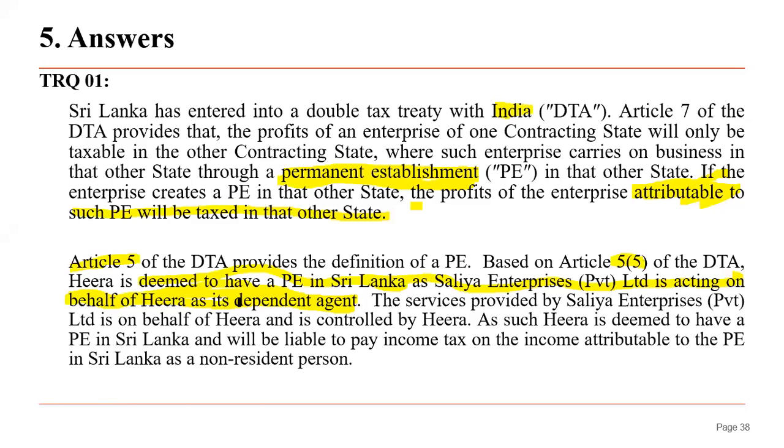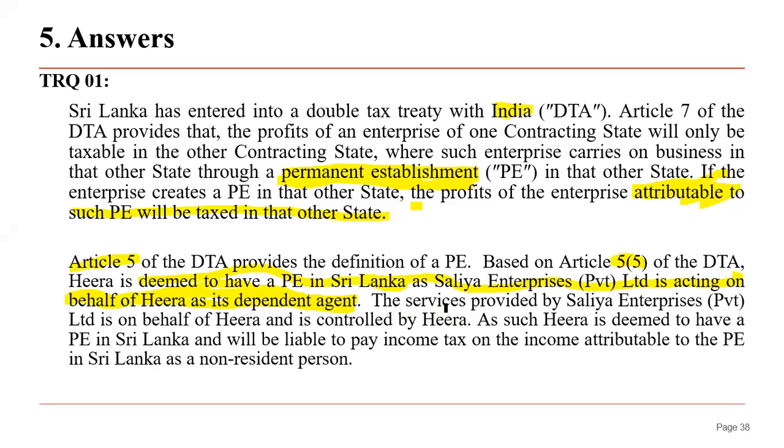Then Hera is liable for tax in Sri Lanka, not Salya alone. Salya is doing business in Sri Lanka, and Salya is anyway going to be taxed on whatever commission income he is getting. But Hera is also liable to tax in Sri Lanka under the agency principle, agency PE, right? If it is not clear, you can raise questions.